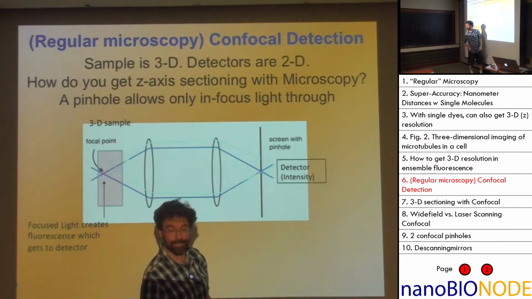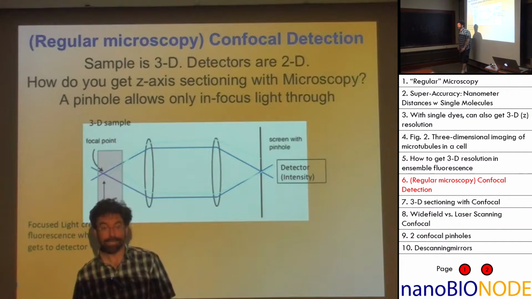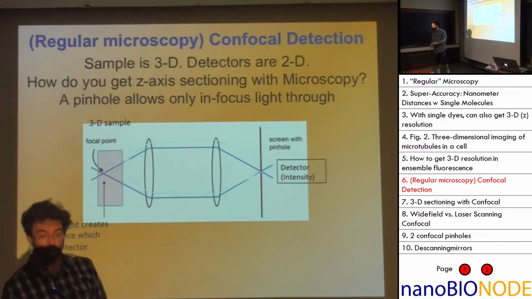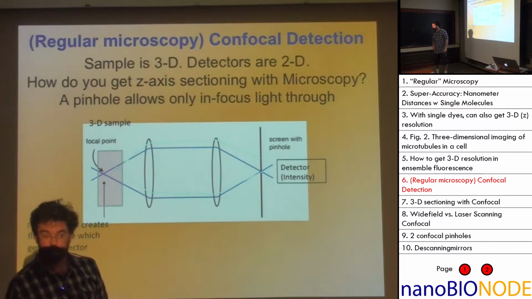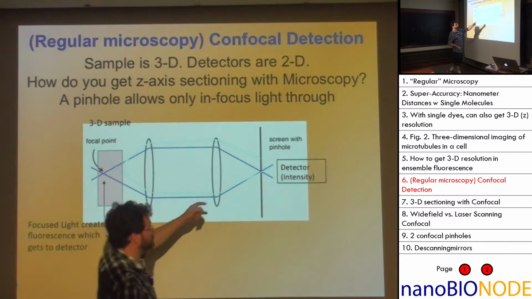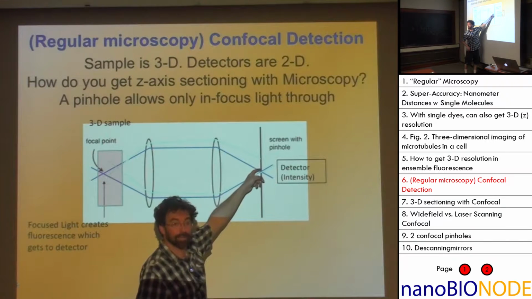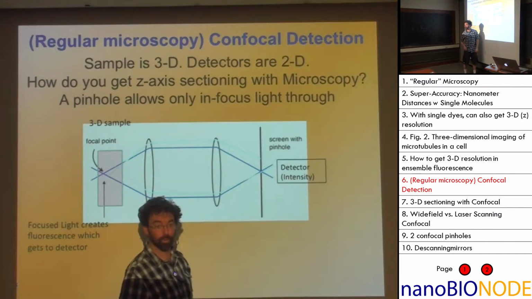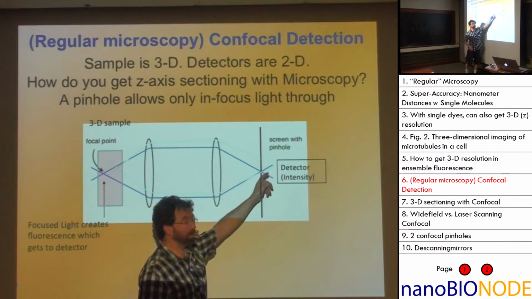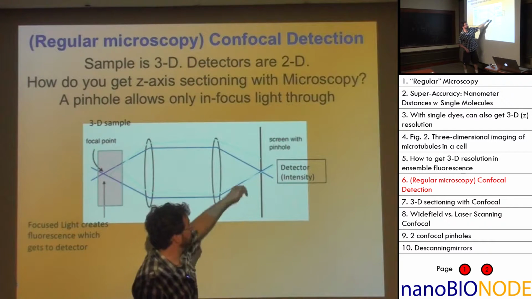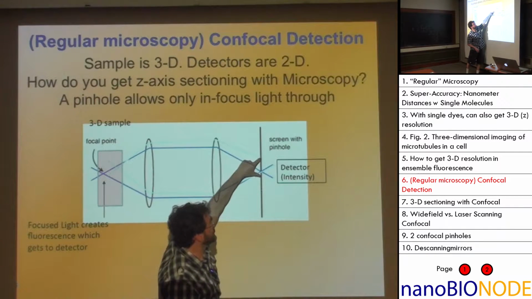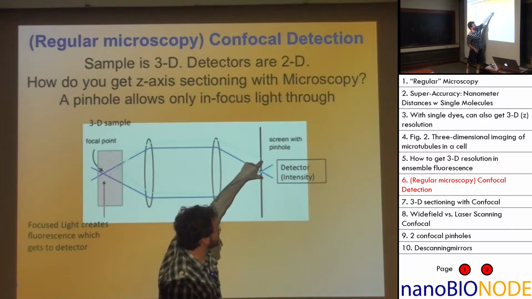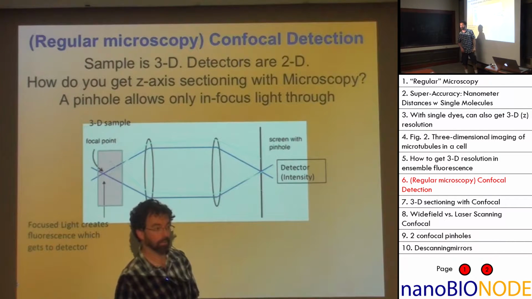So basically, it's discriminating against it. Is it discriminating 100%? No. You will still get a little bit through the pinhole, but in general, it'll be the area of this converging light compared to the size of the pinhole.